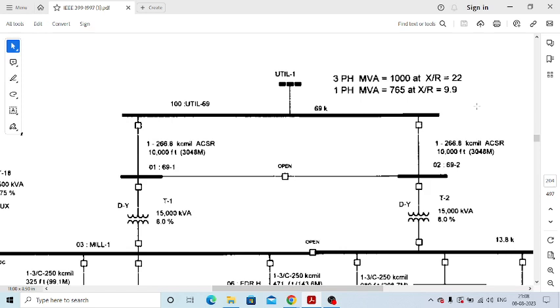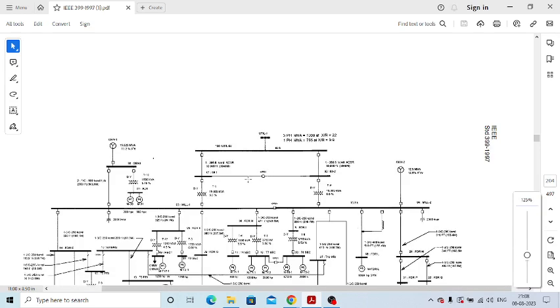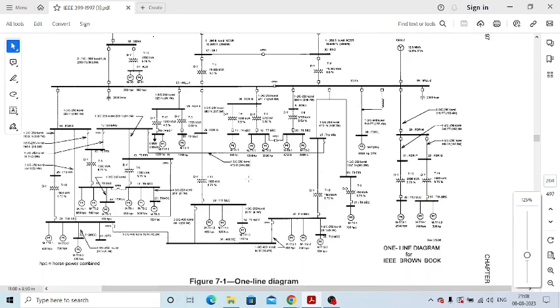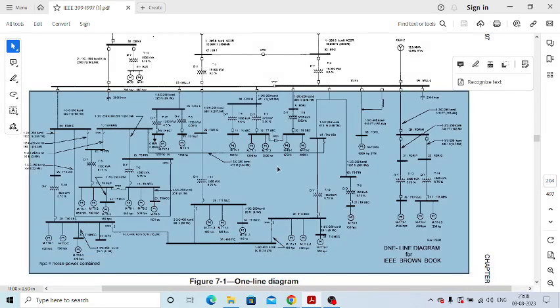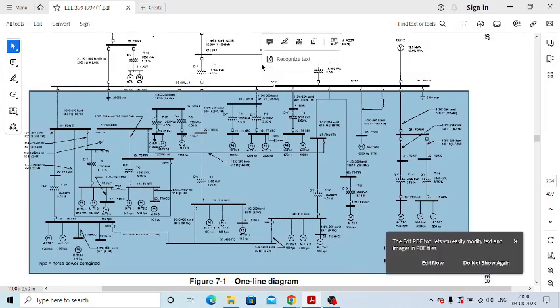The second one is that the DC decaying current depends on the X by R ratio. Based on this X by R ratio only, one of the parameters in the circuit breaker is defined. And these are all the elements of the distribution network.